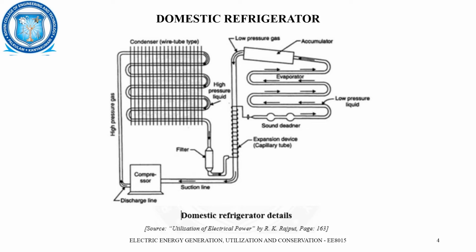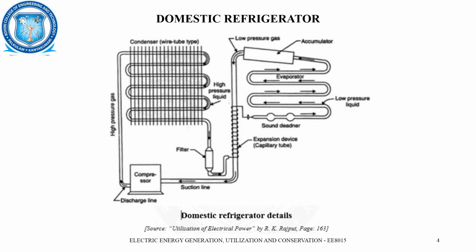So when this high pressure liquid is passed through the capillary tube, only a small amount of liquid can pass through it. In this way, the high pressure liquid will be converted to a low pressure liquid, and this low pressure liquid is then passed through the evaporator coil.